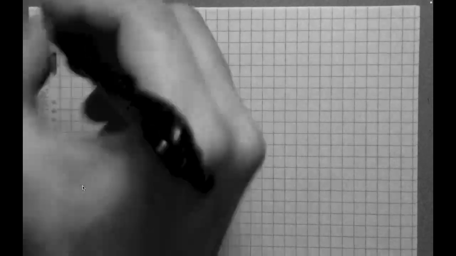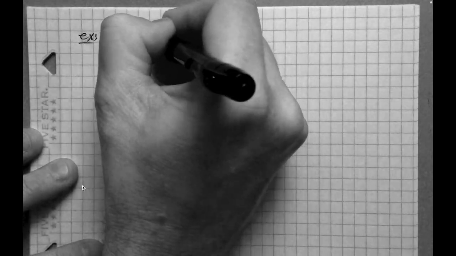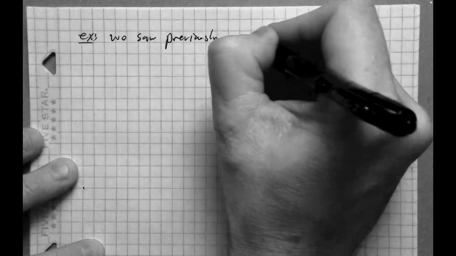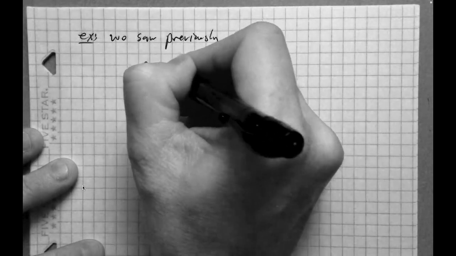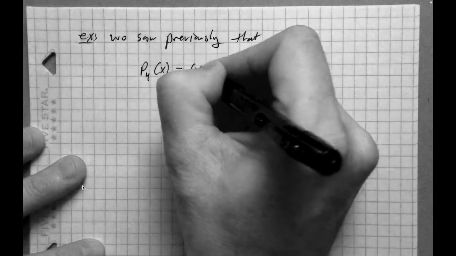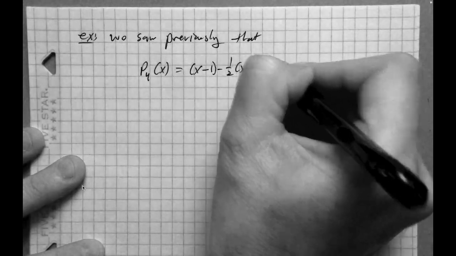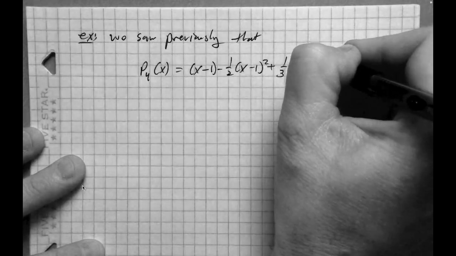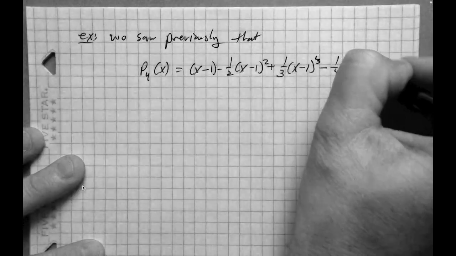We saw previously a 4th degree Taylor polynomial, p sub 4 of x, equal to x minus 1, minus 1/2 times x minus 1 squared, plus 1/3 times x minus 1 to the 3rd power, minus 1/4 times x minus 1 to the 4th power.